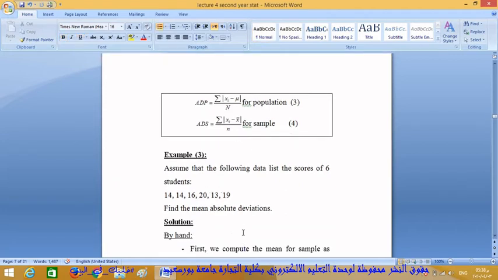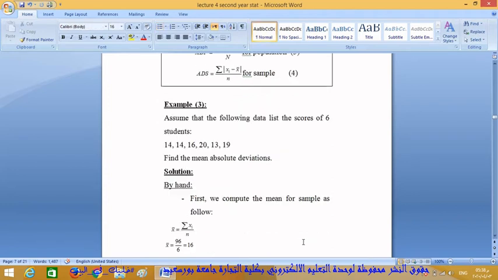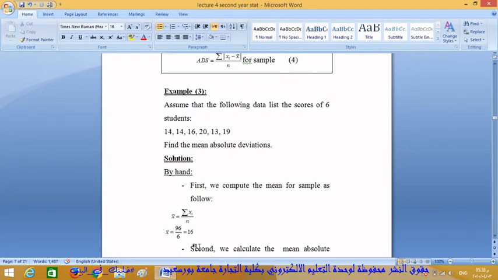By hand, first we compute the mean for a sample. X bar equals sigma x over n, which is 96 divided by 6. So x bar equals 16, the average of the data set.